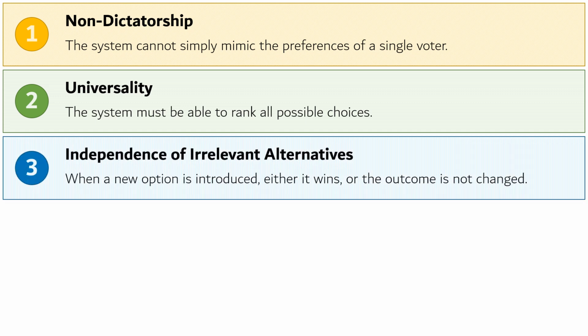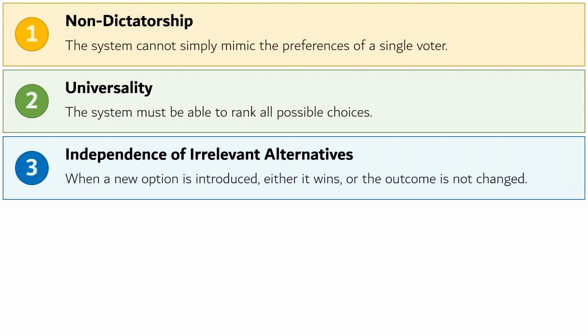The third is independence of irrelevant alternatives. It says that when a new option is introduced, it either wins or the outcome is not changed. This has a complicated name, but it is straightforward. Suppose we have the choice between chocolate and vanilla ice cream, and collectively we decide to get vanilla. Then the clerk says they also have strawberry, and so we vote again, and suddenly chocolate wins.